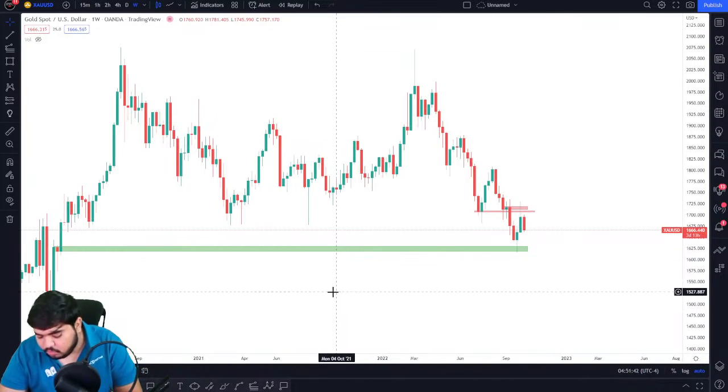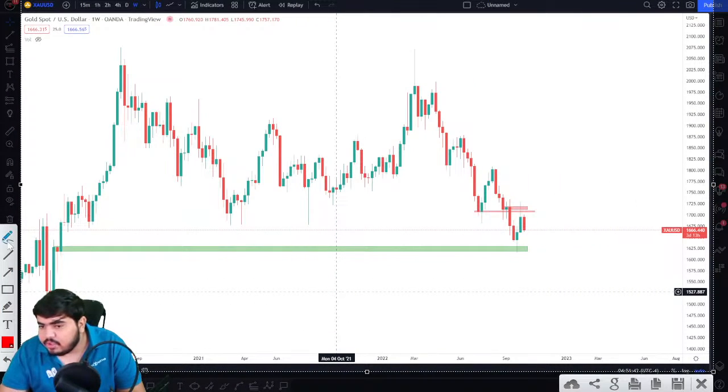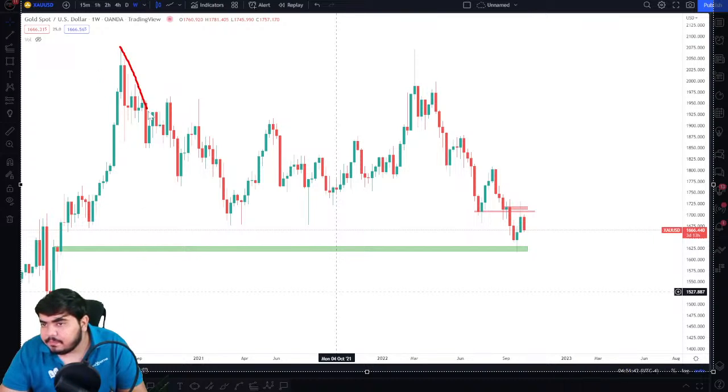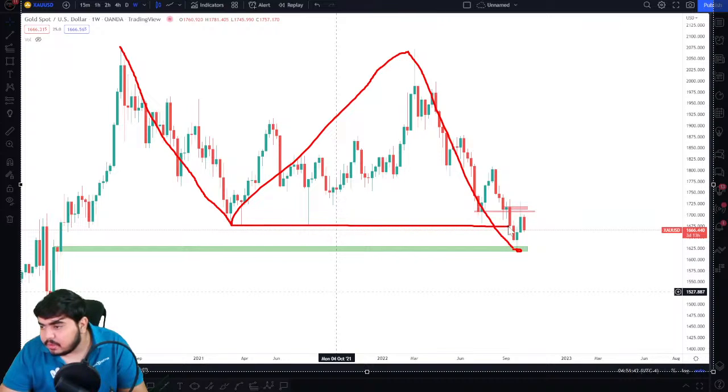Now if we look at the overall trend, this was our A, B and C. More likely this was a C, but market has actually closed below this area.